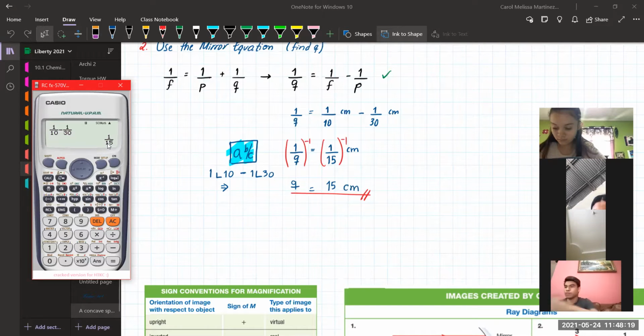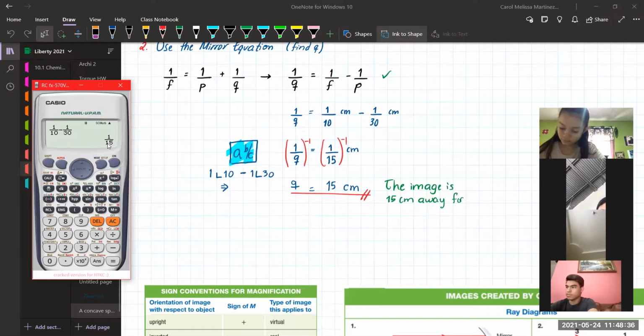The image is placed 15 centimeters away from the mirror. That is important, okay? That you understand what is the meaning of it.